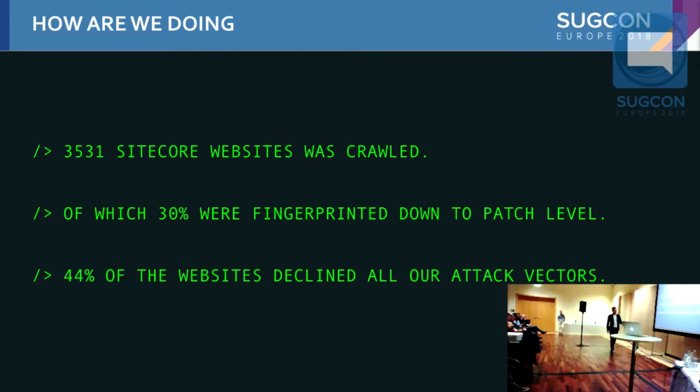And you might want to pay attention to this one: 44% of the 3,500 sites I visited, 44%, that's not even half, rejected all my attempts. So what about the last 56%? You can look into that now.